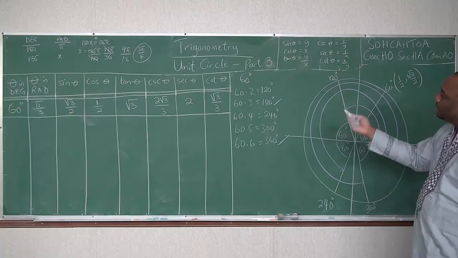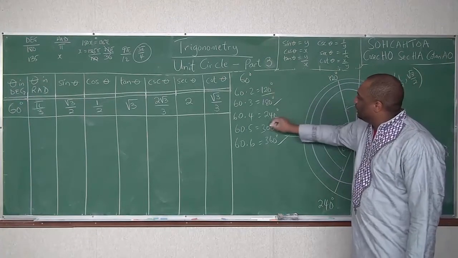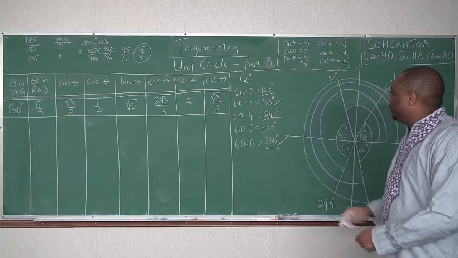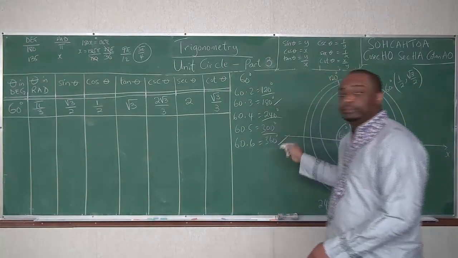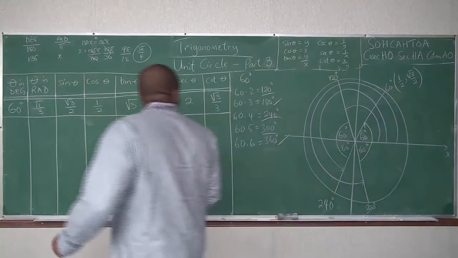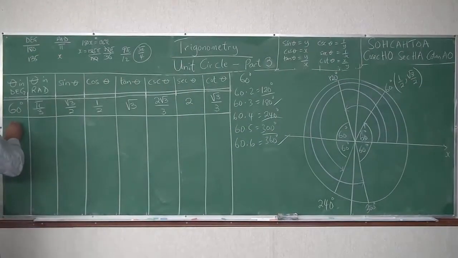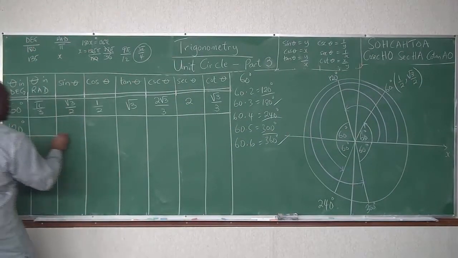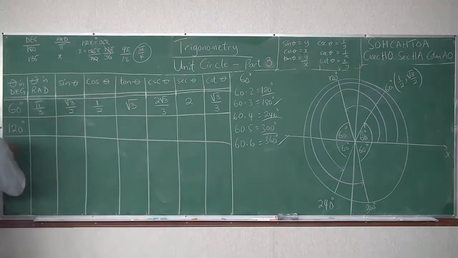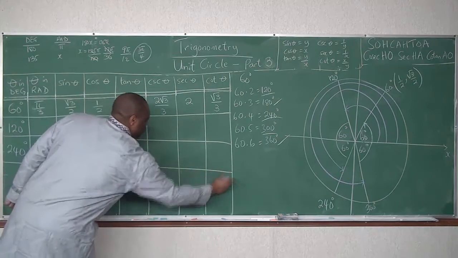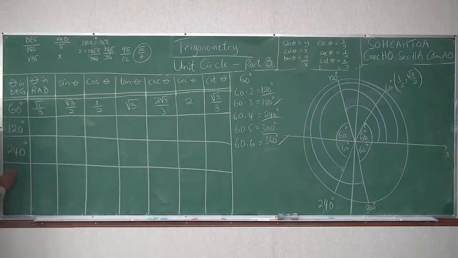Okay, and that is what we want to find anyway. 120, 240, and 300. So we have our 120 degrees. We have 240 degrees. And we have 300 degrees.